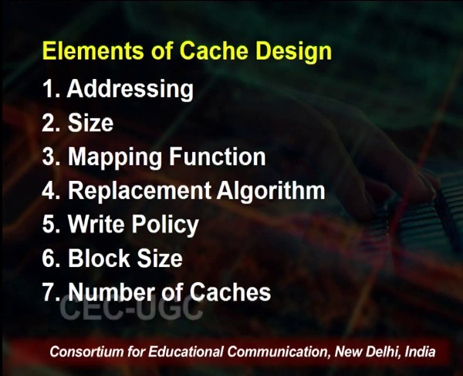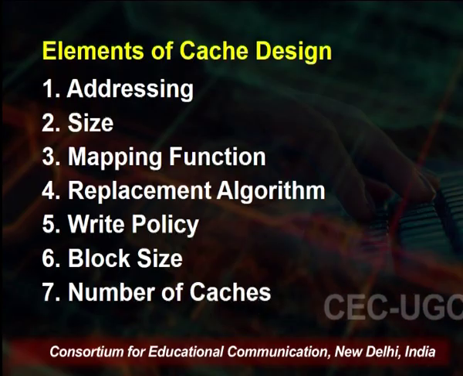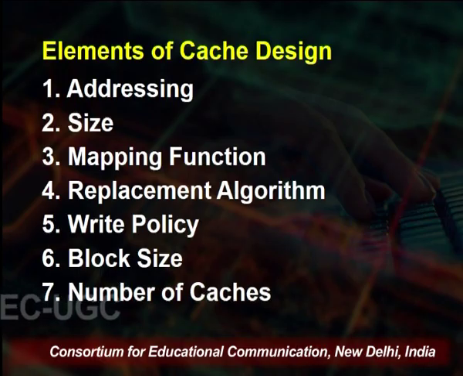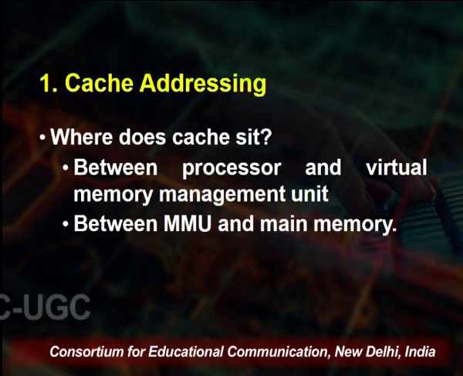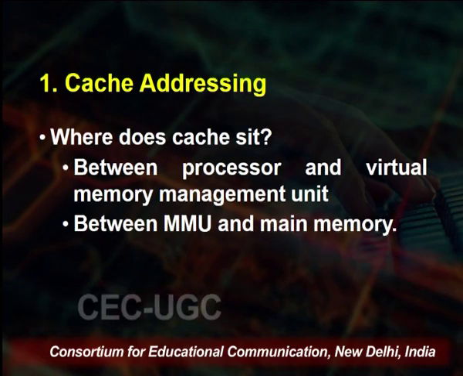Looking at the cache design, when we started this, we kept in mind that cache memory was introduced to have faster memory at a lesser cost and a shorter access time. So, we need to follow certain principles for the design of cache. The most important ones have been identified here, beginning with addressing. If something is saved in an address, how do we identify that?